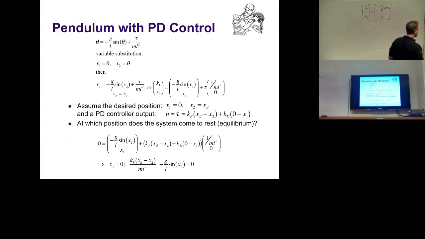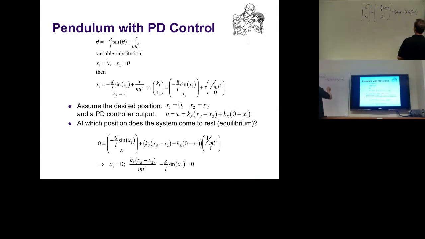Now our PD controller inserted, plus kp times x desired minus x2, plus kd times 0 minus x1.